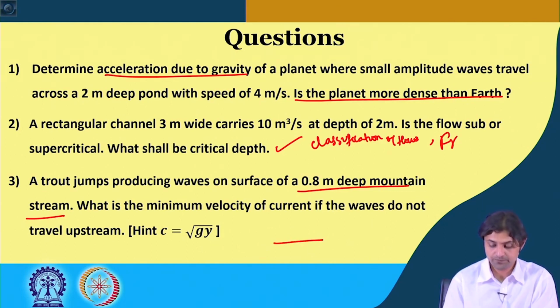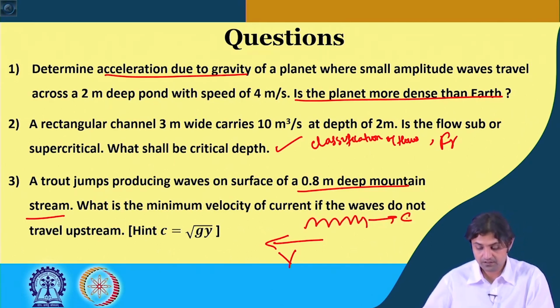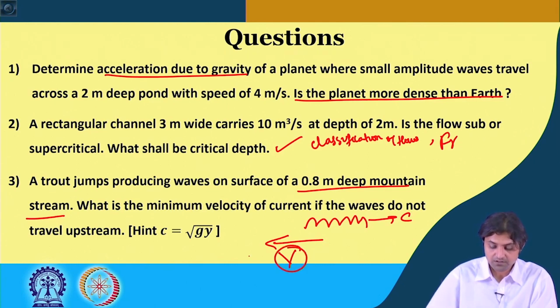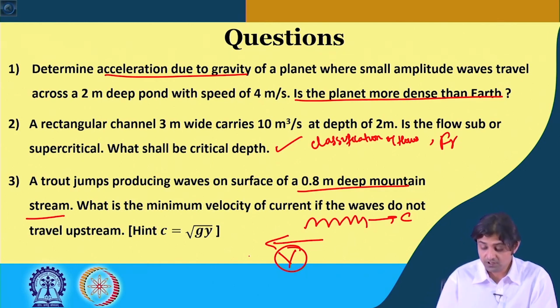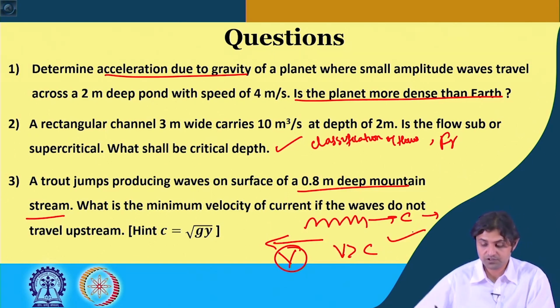So, basically if there is a speed v of the stream in this direction and the waves are travelling in this direction with speed c, it is asking what should be the minimum v for which the waves should not travel upstream, which means v must be greater than c all the time, correct. So, this is again a waves question.